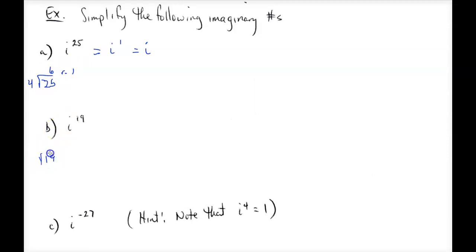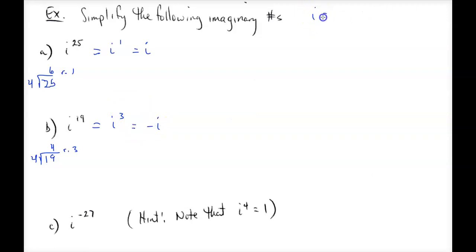Same thing with B. If we take 19 divided by 4, that goes into it 4 times with a remainder of 3. So i raised to the 19 is the equivalent of i raised to the 3, and we know that i raised to the 3 ends up being negative i.